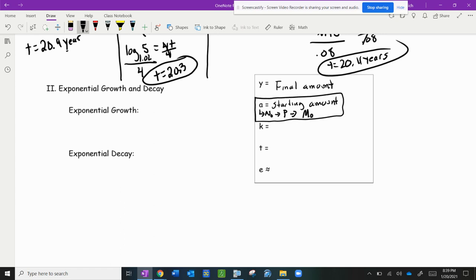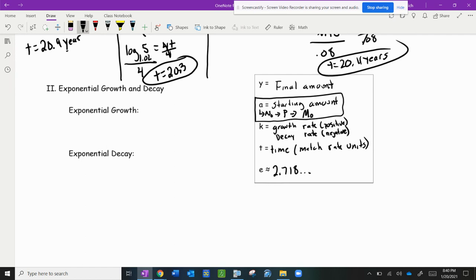k is your growth rate, which is positive, or decay rate, so it'd be negative. t is time, and that's going to match the rate units, so it can vary, and e is approximately 2.718, dot, dot, dot.